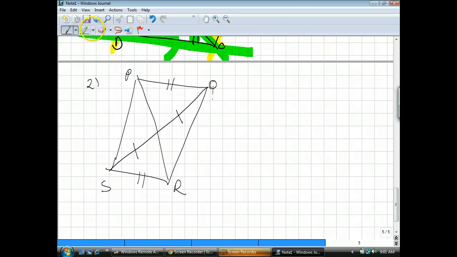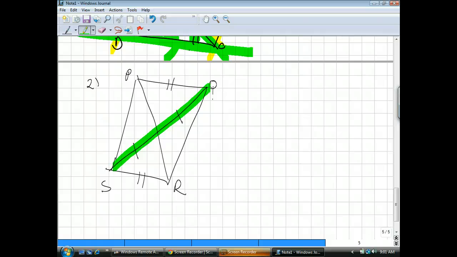Well, I know that this segment is bisected by the other segment, PR, but I don't know anything about PR, so I can't say that the diagonals bisect each other.